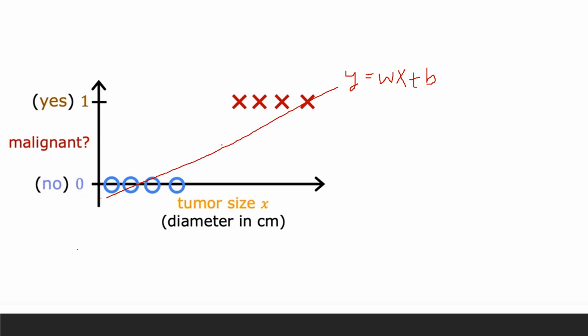One way is to determine a threshold value that is between these points. That is, if we consider this point, this value will be 0.5 and this is the threshold value.